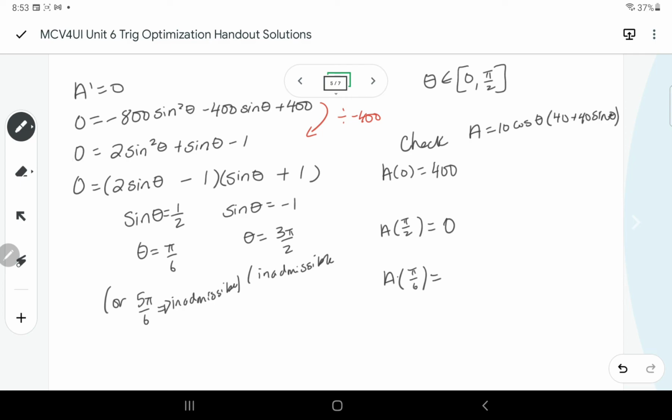And if I take the pi over 6, then I will have 10 times cos pi over 6, and here I get an area of 519.62 centimeters squared.